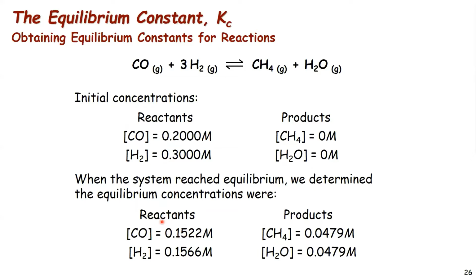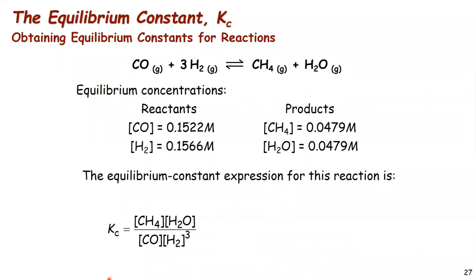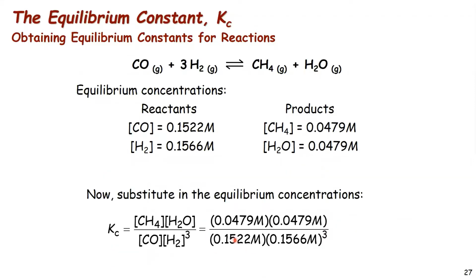Once the concentration of carbon monoxide stops changing, we know that we've reached equilibrium. So then we experimentally measured all of these equilibrium concentrations for both our reactants and products. Okay, so we did this experiment.